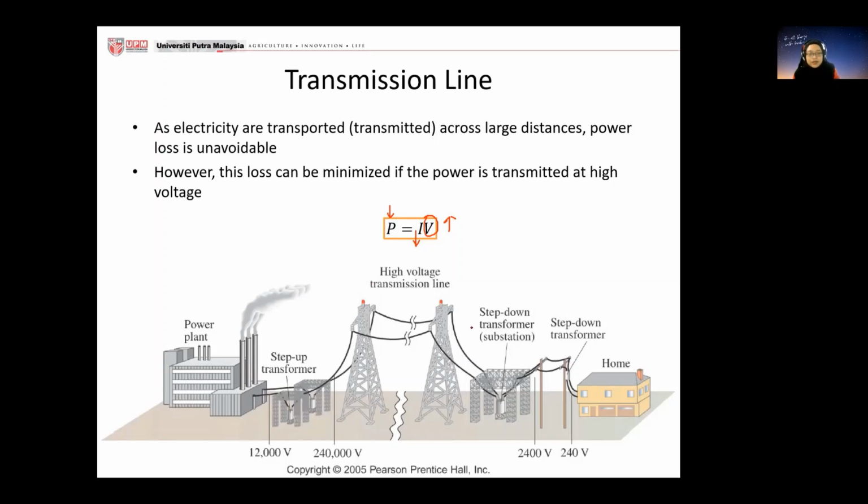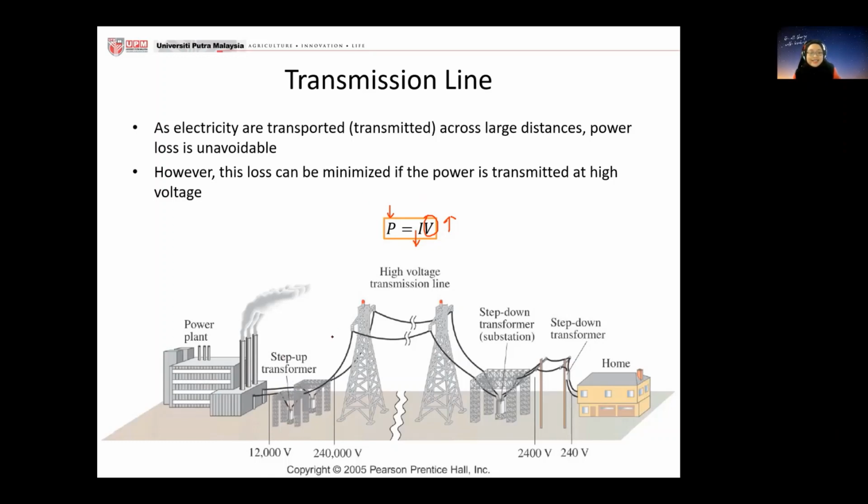So how do we increase or reduce the voltage? If you look at the normal way of transporting electricity from the power plant to your home, you have something like this: the power plant, and then it goes to a step-up transformer. Step-up, I think you can already relate to that.